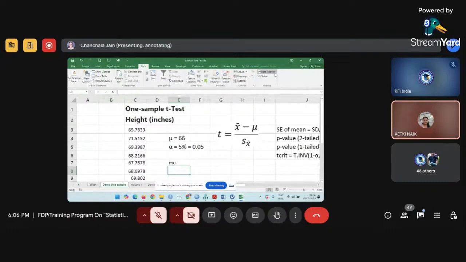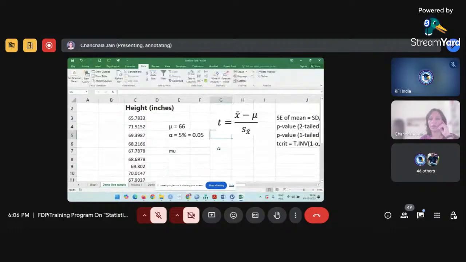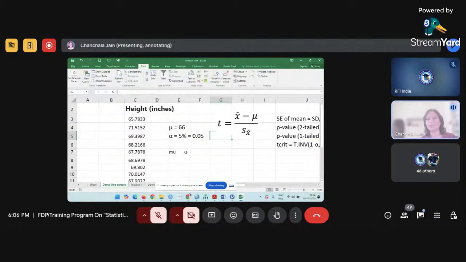Right. Now, if I talk about this particular formula, what are the things required to get the t value? First is x bar, the sample mean. Second is mu, the population mean.